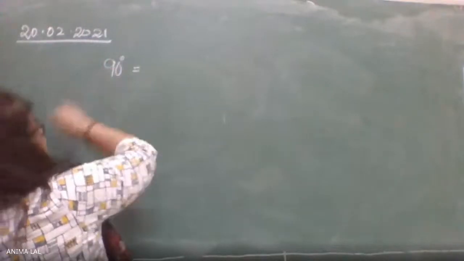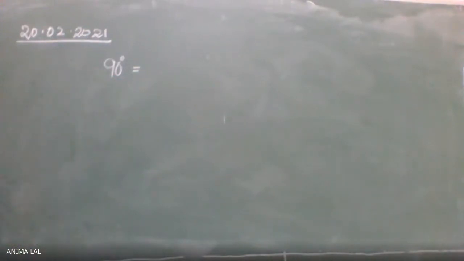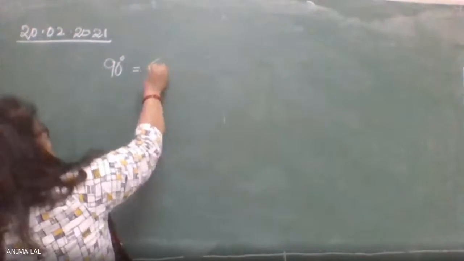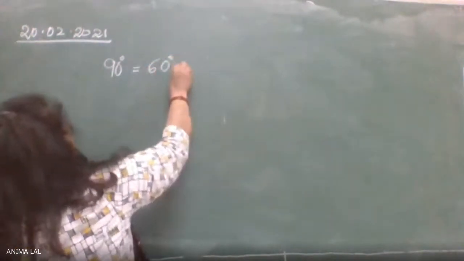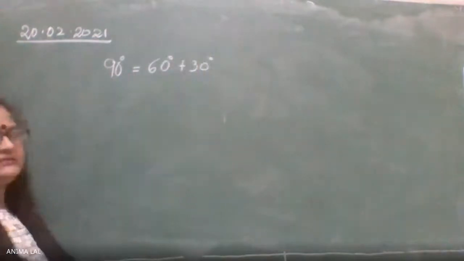So, now 90 degrees: the base angle is 60 degrees. So using the base angle, we have to make the 90 degrees. That is 60 degrees plus 30 degrees will give me 90 degrees.